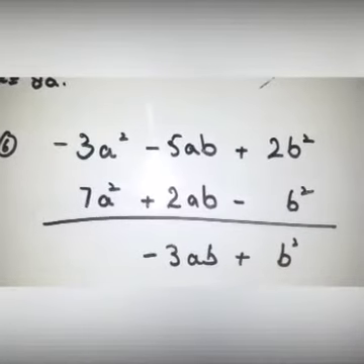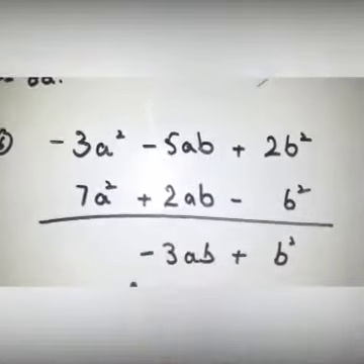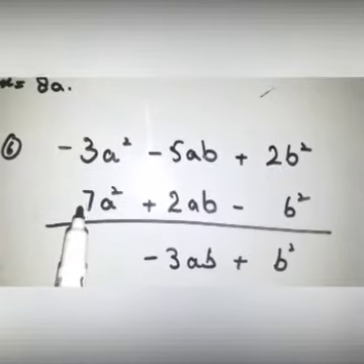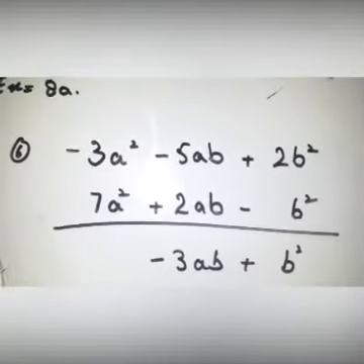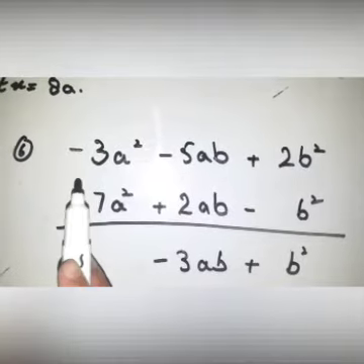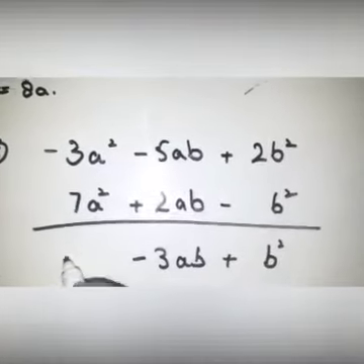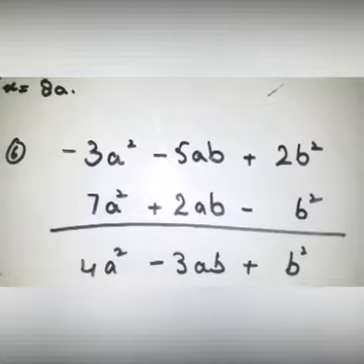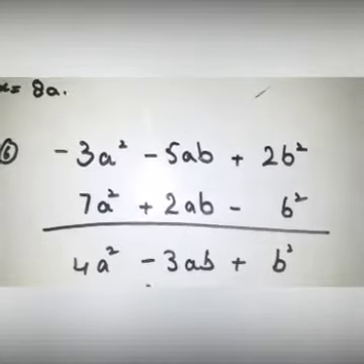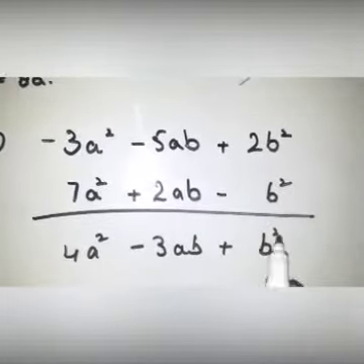The minus will come here because the greater value has the minus symbol. Now plus minus minus, again minus, so subtract 3 from 7, the answer is 4a square. Now the answer is 4a square minus 3ab plus b square.